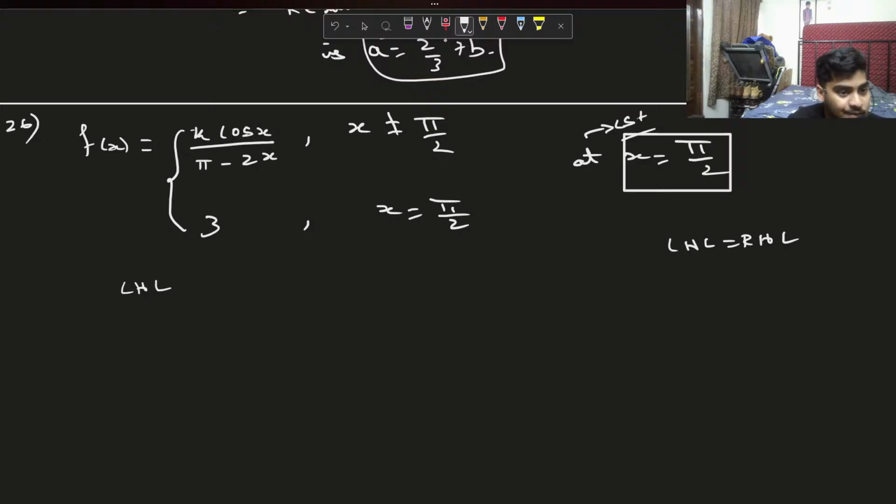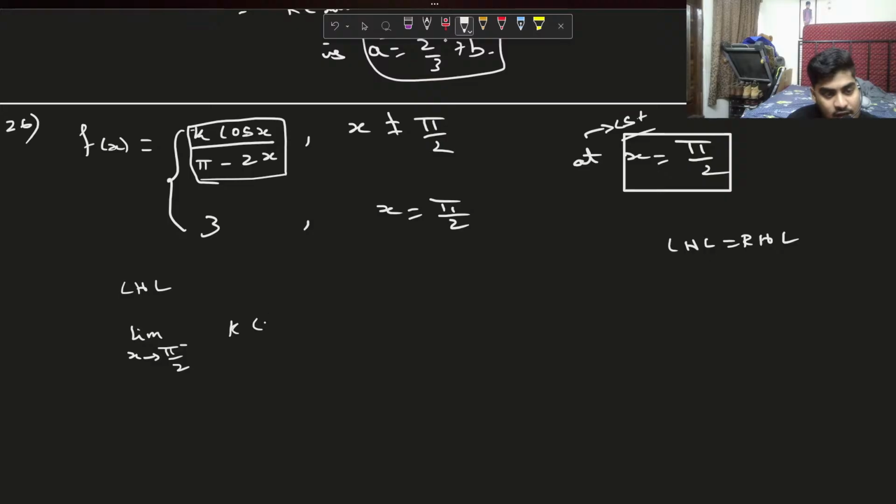Now for LHL, I'm taking and writing this thing only. Okay, understand? So in LHL, limit x tends to pi by 2 minus, correct?